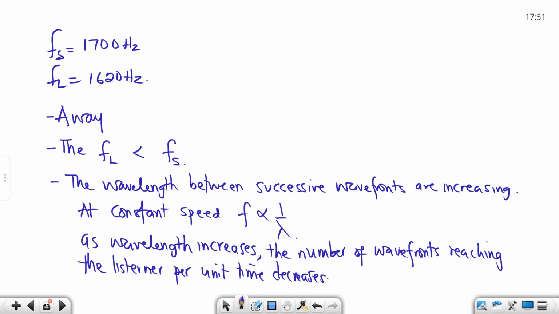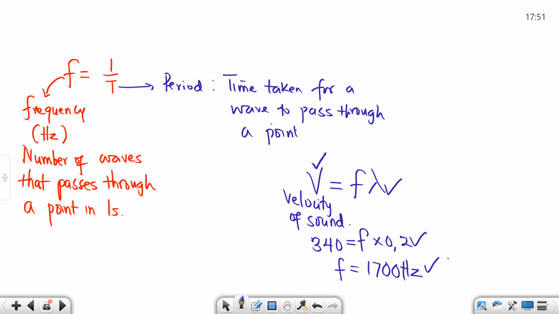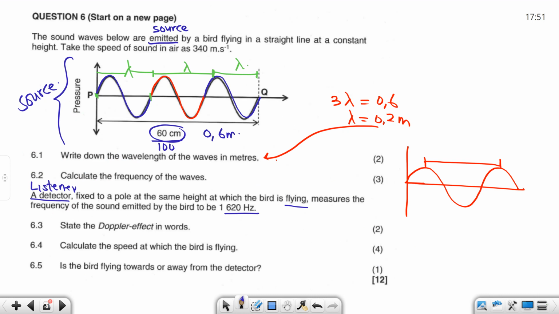Okay, let's go back to the question because I think I might have lost it somewhere. Too many words. Oh, a detector is fixed. Wait, doesn't that affect our away and towards? Let's check.